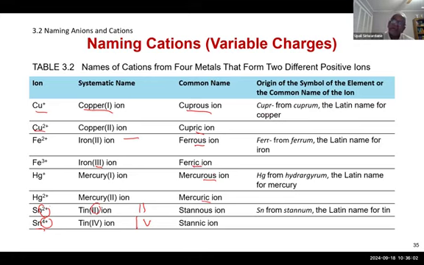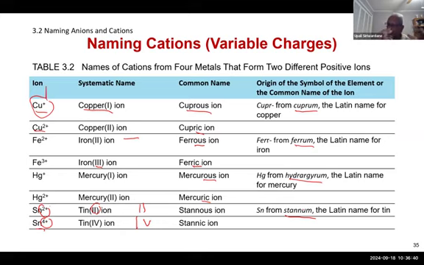The copper comes from cuprium, the Latin name, where you got the atomic symbol. Ferrum, Fe comes from the Latin name of iron. Mercury comes from the Latin name, hydrargyrum. Stannous is from stannum, the Latin name for tin. Do you get the idea?